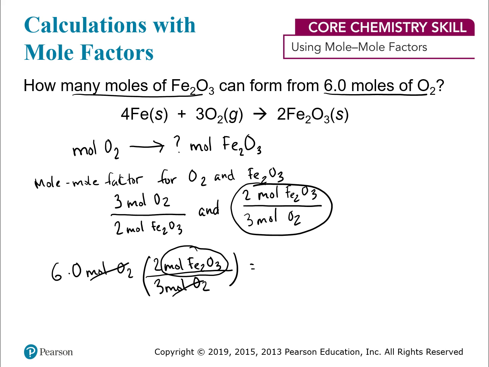Again, there's a number in the numerator, which is the top, and in the denominator, which is the bottom. So you have to multiply across and then divide. When you do that, you should get 4 moles.